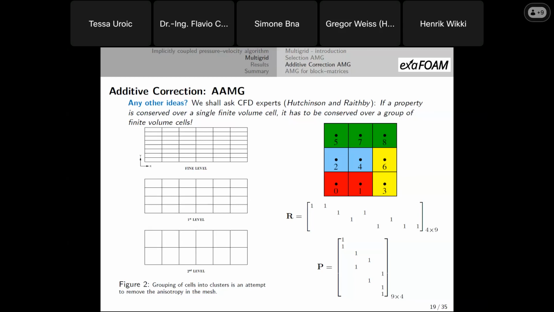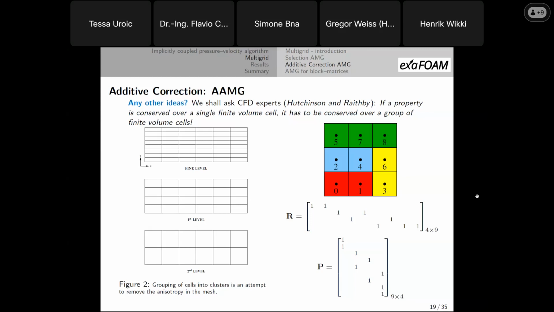So on the left hand side, you see the effect of this clustering algorithm, from the fine level mesh shown here. You have anisotropic cells, and the clustering algorithm will persist in creating a more uniform mesh. So the effect of adding equations in your matrix is very similar to clustering the cells in the mesh to obtain a more uniform cell, so to eliminate anisotropy.